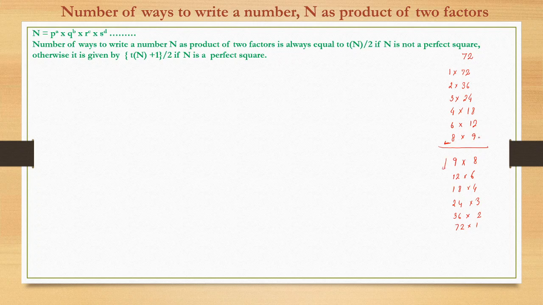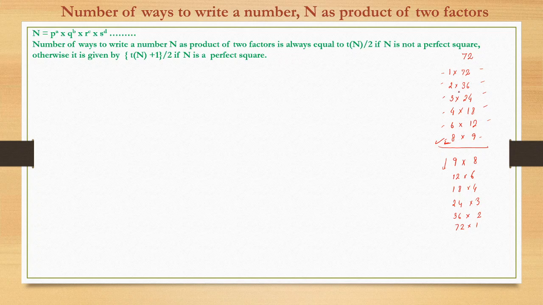So we generally stop here at 8, and the number of factors would be 12 here: 1, 2, 3, 4, 5, 6 and 6, 12. And what are all the factors? 1, 2, 3, 4, 6, 8, 9, 12, 18, 24, 36, 72. These are those 12 factors.